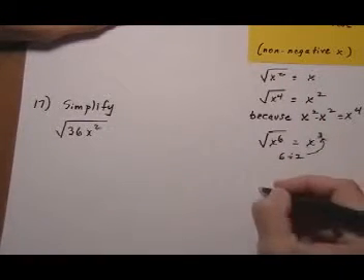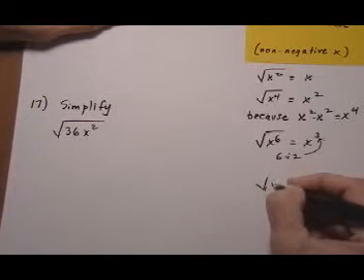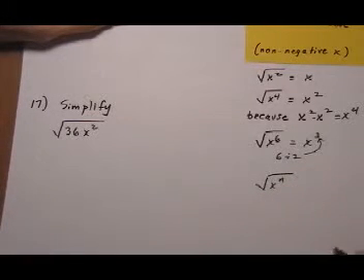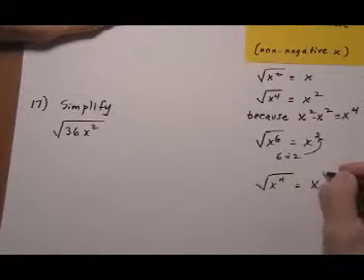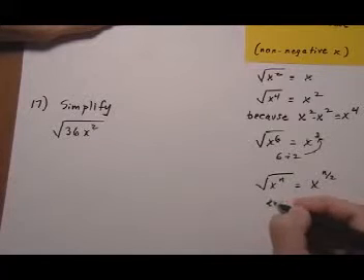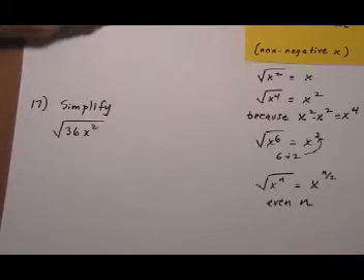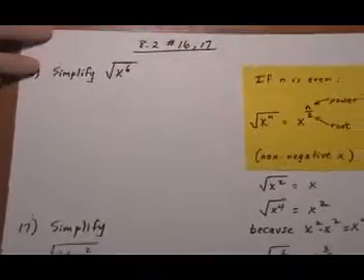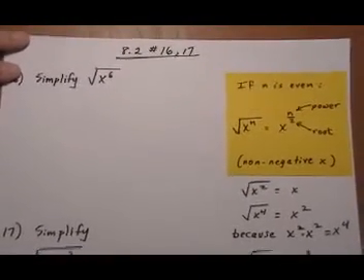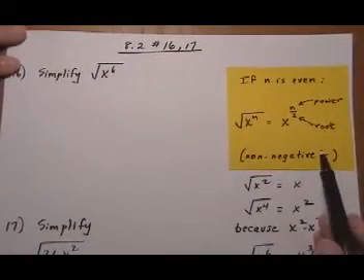Same over here. If we just keep going on, for any power where n is even, the square root of x to the n is x to the n divided by 2. And that's where this little recipe here comes from.